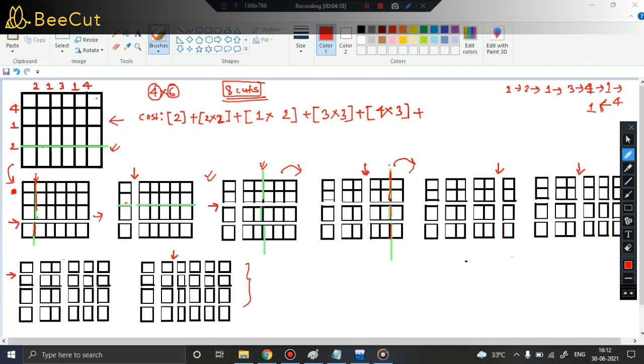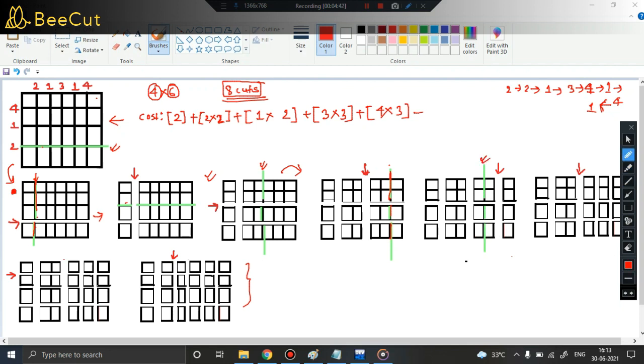Because you just had to perform a vertical cut. Now here what is going to happen is, suppose I am now interested to cut it along some specific edge. So let me say that I am going to cut it along this edge now. So you will cut this first, second this, third this. Cost of this edge is how much?